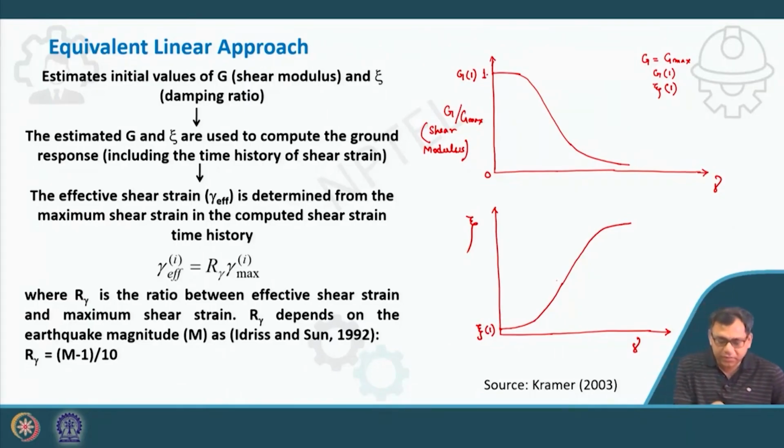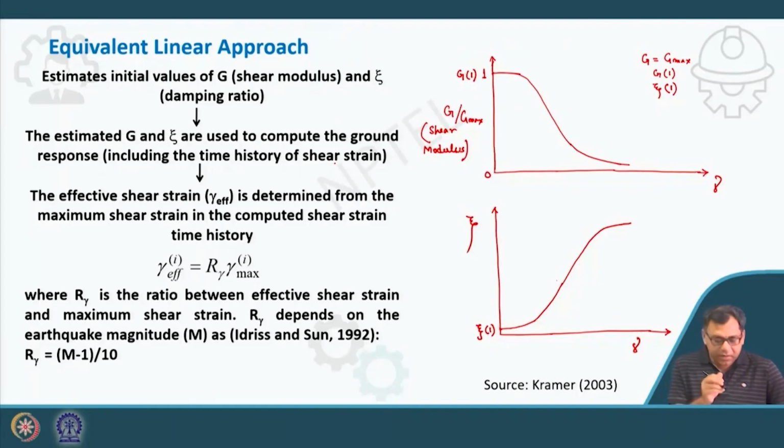So that means you use the first trial assumed G value and damping ratio, then you get the ground response, and from there you calculate the time history of the shear strain. Shear strain, you know, is del u by del z. So at any depth you will get that shear strain, so you will get the shear strain versus time history.